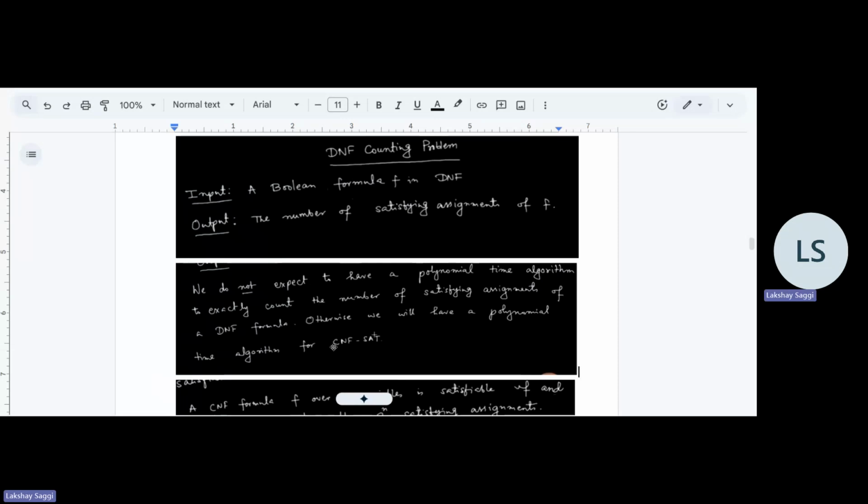One can always solve this in exponential time because you just try all the assignments and check how many of them are true. But if there are n variables, then you'll have to check 2 to the n assignments. So that's exponential in the input size.